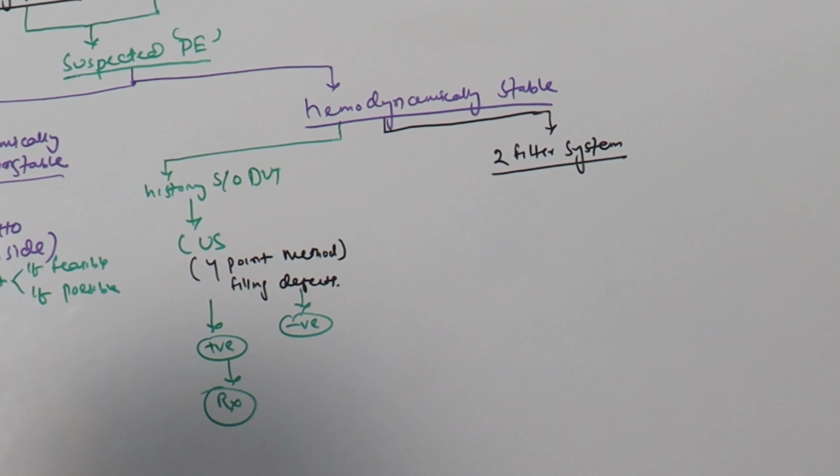Right? How will you do this? This is done using, first, clinical criteria, which include signs and symptoms. Second will be comorbidities.